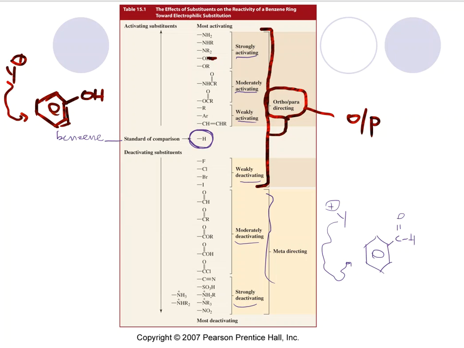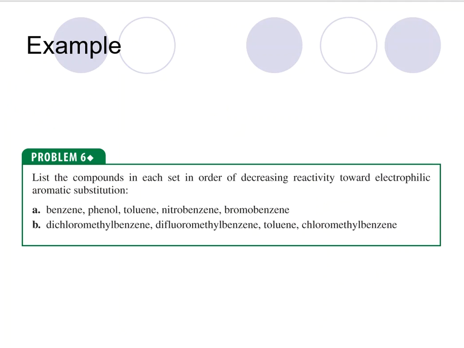To do that, though, you'll have to understand the terminology and IUPAC of benzene. Oh, look at that. Look how they wrap those two concepts together, because look at A: benzene, phenol, toluene, nitrobenzene, bromobenzene. Can you draw the structures of each one of those?